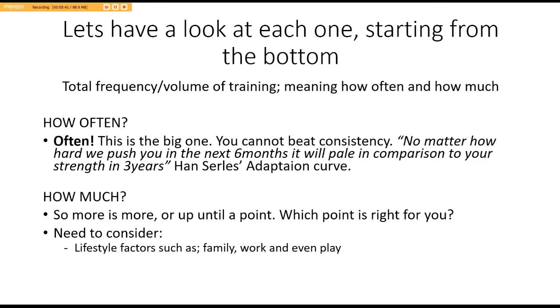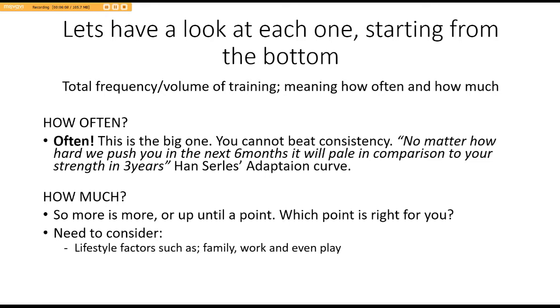You want to train well, you want to train hard, you want to train often. But time is a catalyst for improvement that just cannot be superseded. We're going to look at Selye's adaptation curve, a 1974 research project that came out with the general adaptation syndrome. We'll go on to that in the next slide, but that looks at some of this.